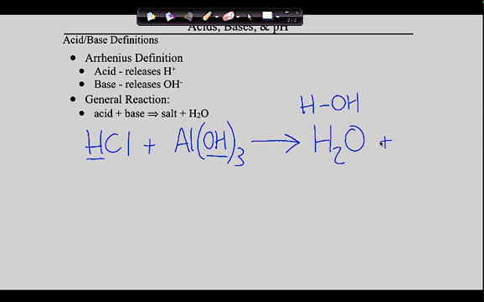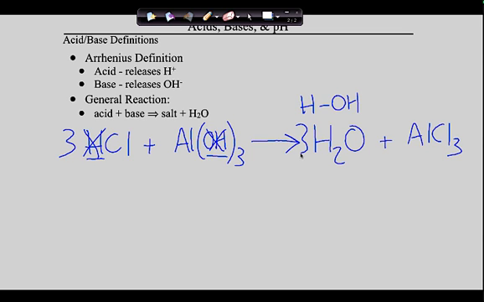And then what's our other product? When we take the H away from the acid and the OH away from the base, what's left? Aluminum and chlorine, but aluminum is +3 and chlorine is -1. So this is AlCl3, and this isn't balanced. Well, let's balance it. Done.